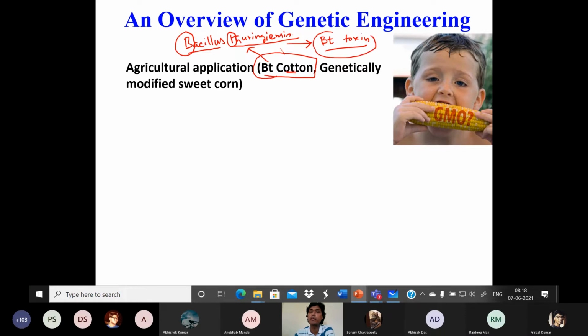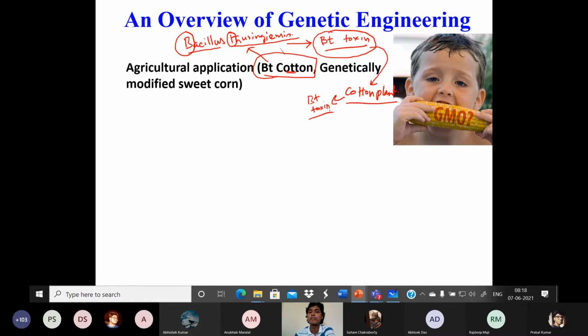BT toxin is a protein, as I already introduced, but it comes from one gene. So they transferred this gene into the cotton plant, and as a result the leaf, stem, almost all parts of this cotton plant will make the BT toxin.